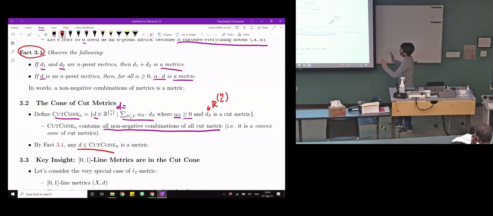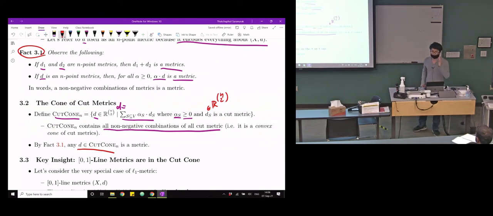So that's the cut cone. Our goal is to say that any metric which is an L1 metric is inside the cut cone. The cut cone contains all L1 metrics. That's our goal.